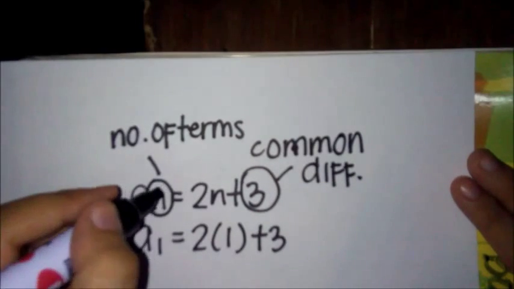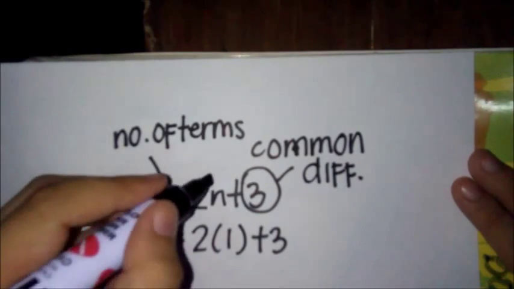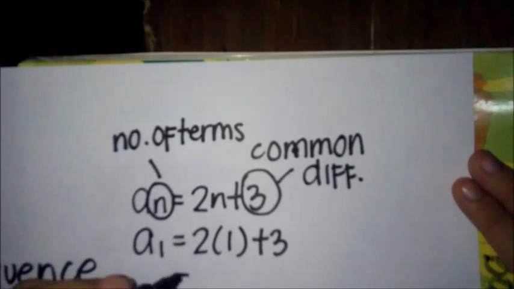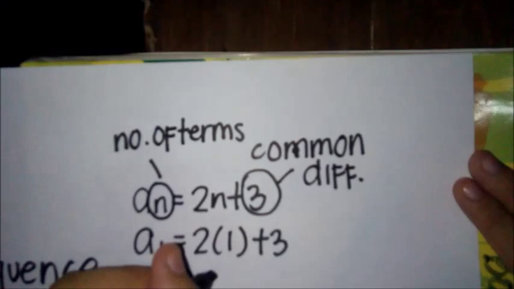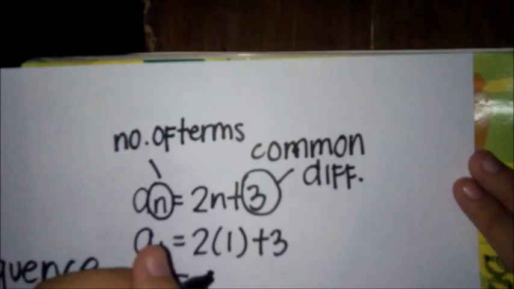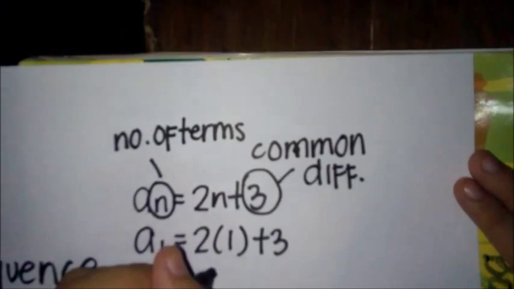So you will just substitute the number of terms here to get the correct term. So the answer here is 2 times 1 plus 3 is equal to 5.